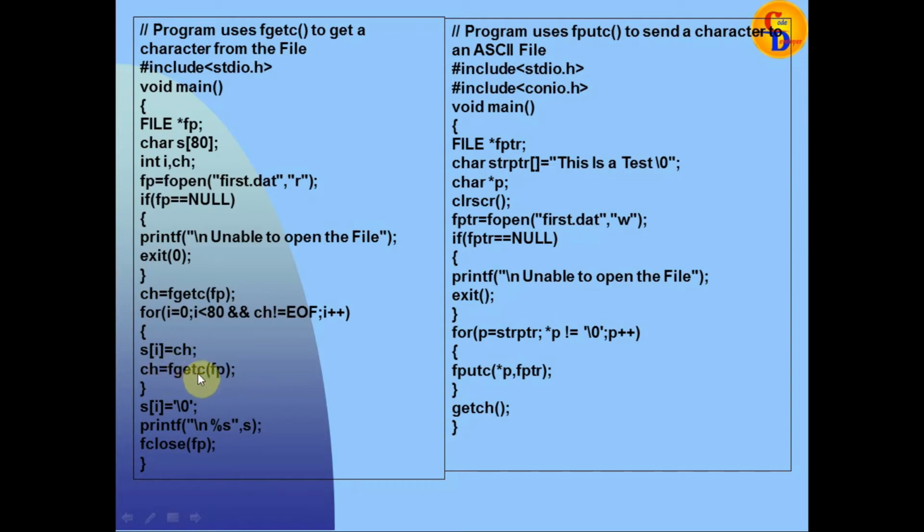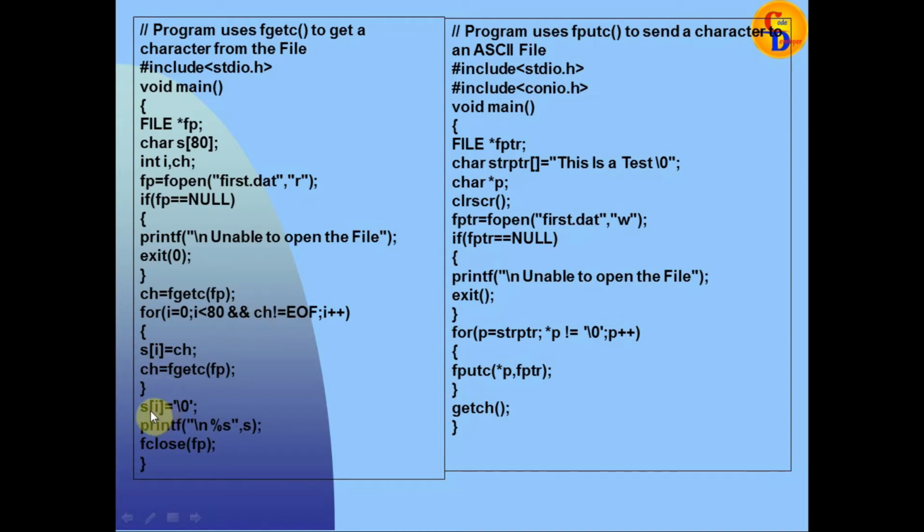ch equal to fgetc of fp. So again we are reading the next character. The next character is stored into ch, then increment the variable, and check that the character is not equal to EOF, the end of file. If we reach the end of file, that is the last character, exit the loop.